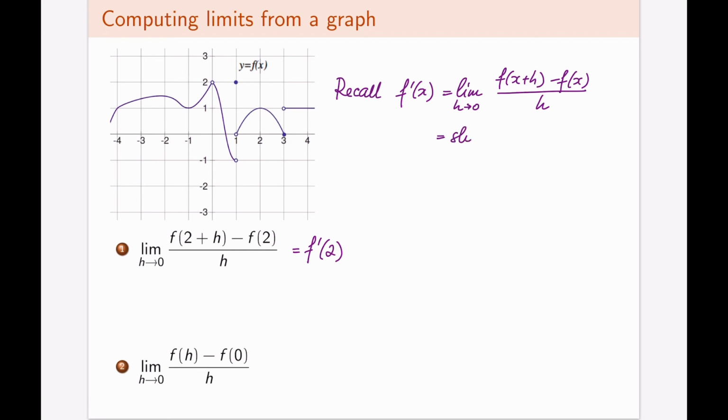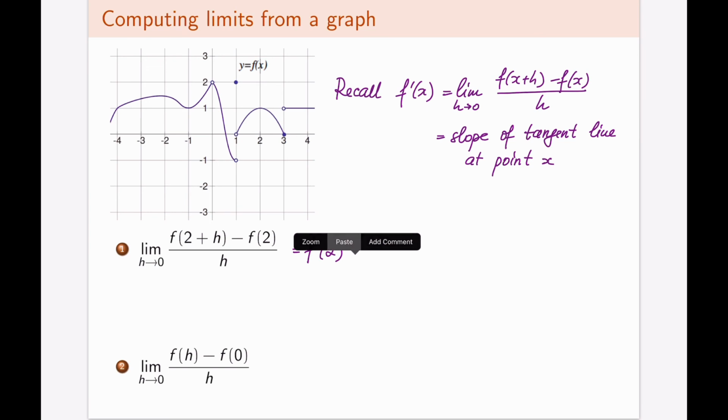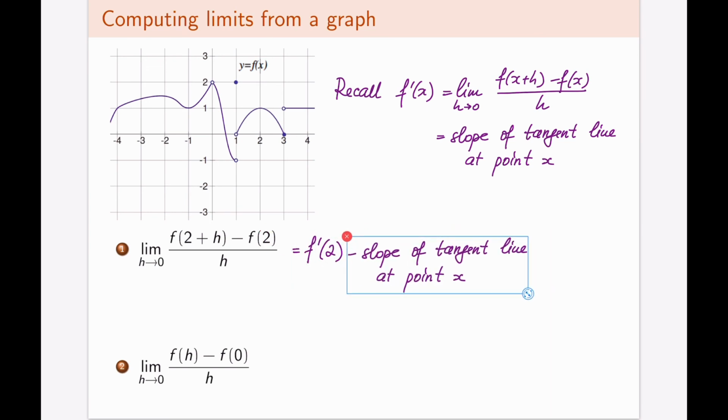Graphically, this is a slope of tangent line to my graph at point x, which means that for my first question here, this is simply the slope of tangent line at the point x equals 2, right? Because my value for x here has actually been determined for me. And that, of course, is the information I can easily read off of the graph.